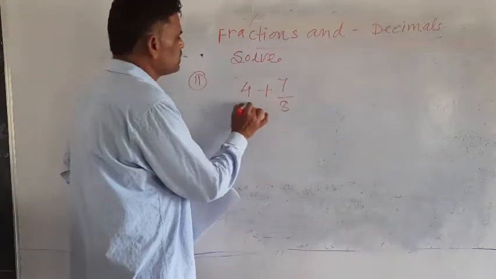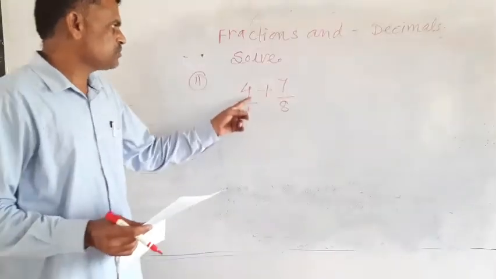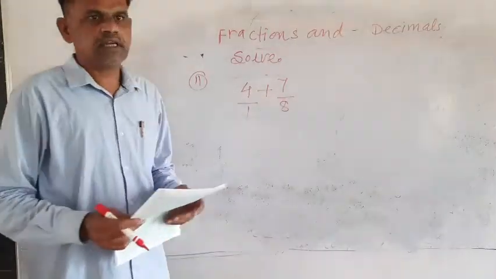Here this 4 can be written as 4 by 1 in rational form, and 4 by 1 plus 7 by 8. 1 and 8 are co-prime numbers.